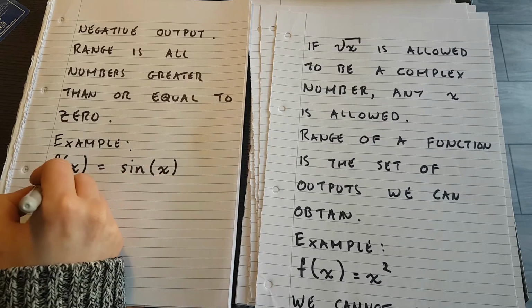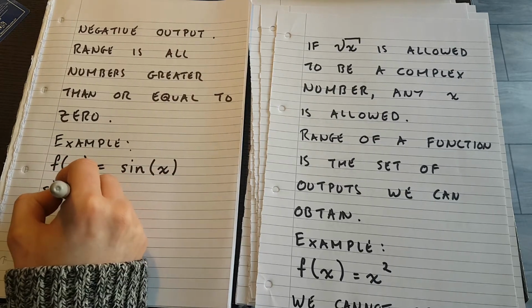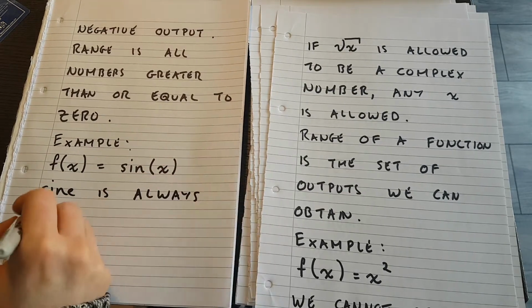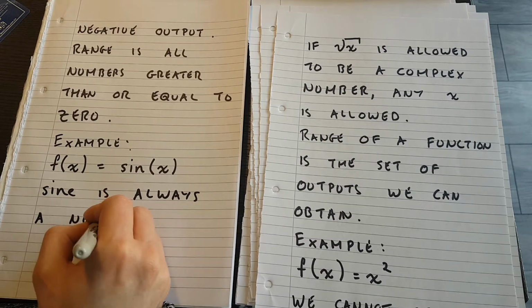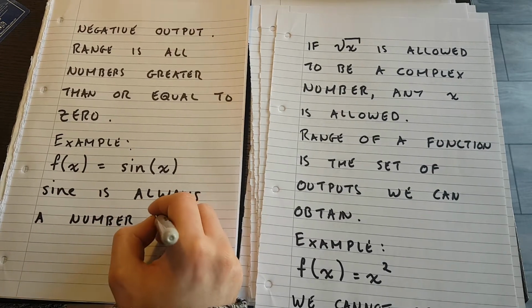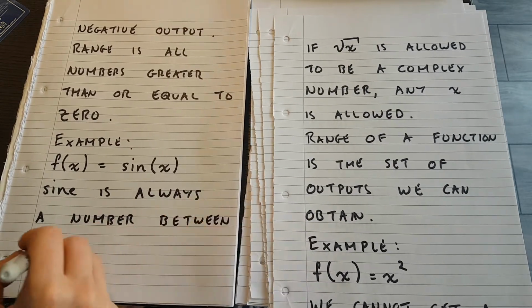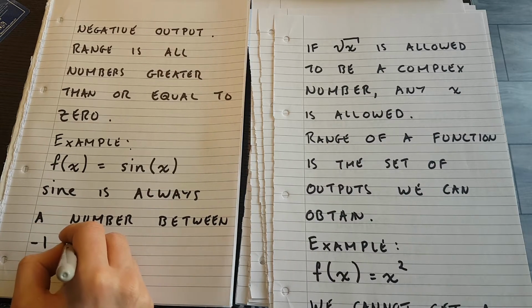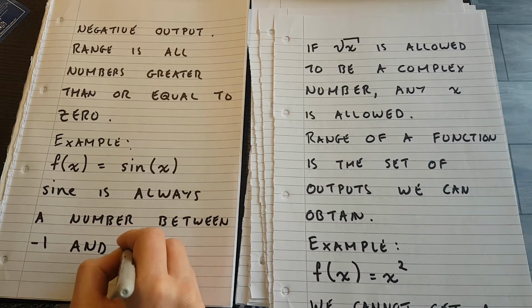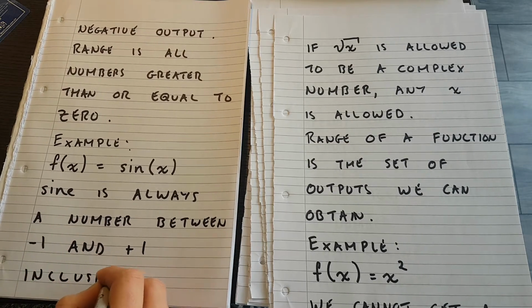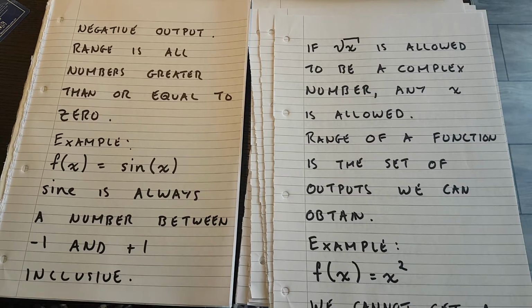Sine is always a number between -1 and +1 inclusive. What does that mean? That means my range is -1 to +1 inclusive. Okay, so that's my range. That's the idea of range.